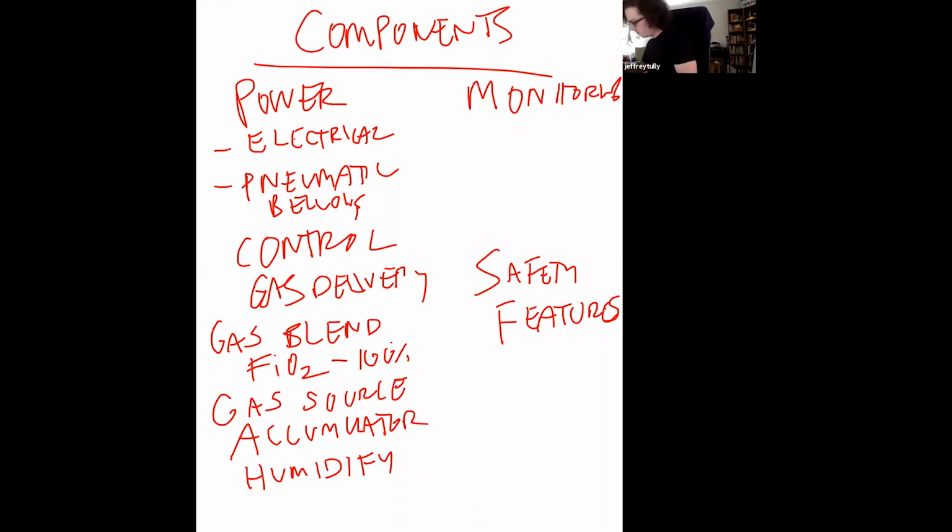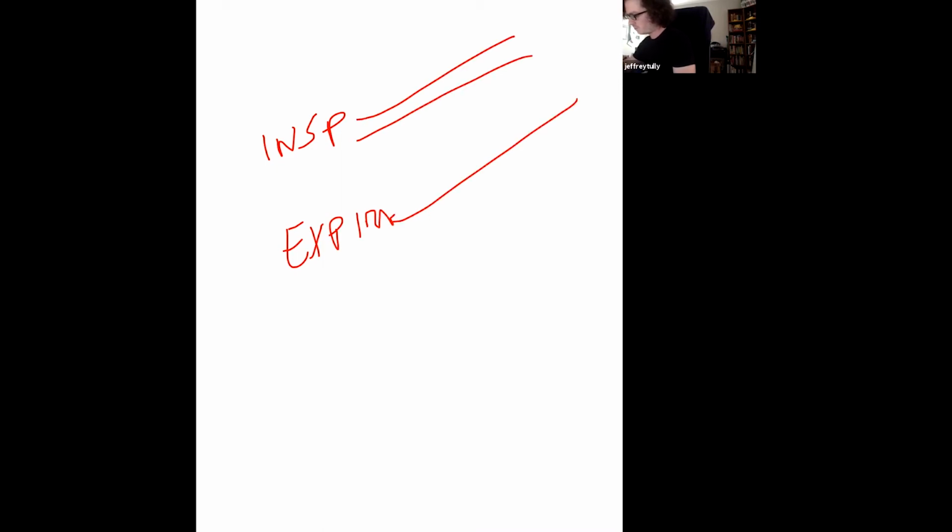You need to have a circuit. Most ventilators will have an inspiratory limb and an expiratory limb hooking up to the ventilator. That comes together in a Y piece, and that's something that will then hook up to the breathing tube.